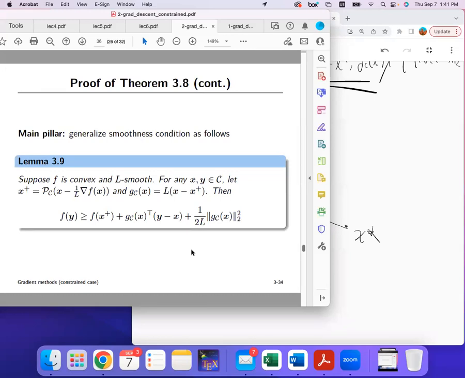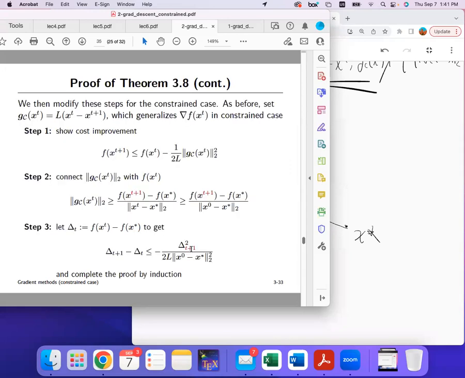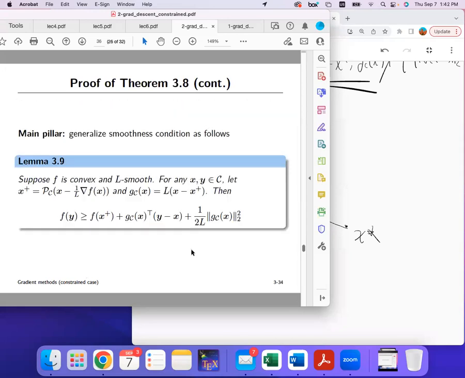Yeah, and I think to prove all these results, we need the following key lemma. Suppose F is convex and smooth, and for any 2 points in the constraint set, we define the following points. X plus is, starting from X, I do one step of projected gradient descent.